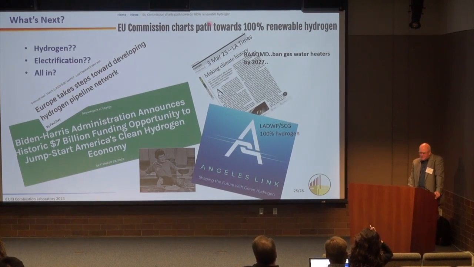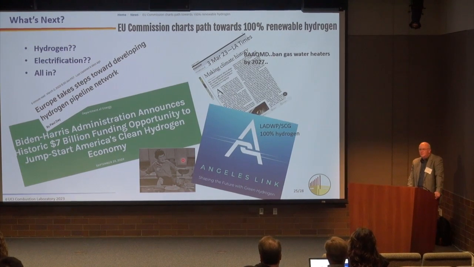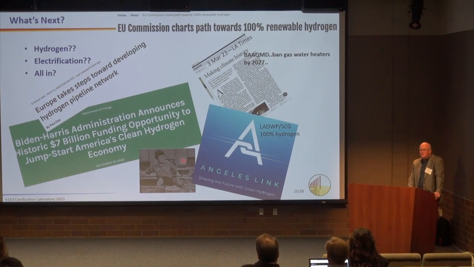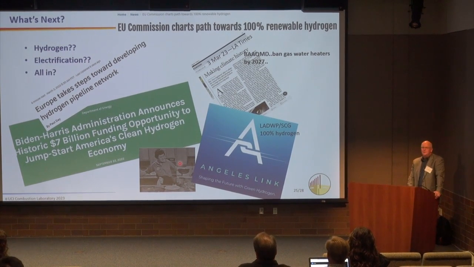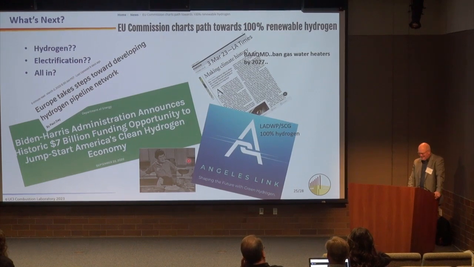These are just recent headlines. EU, 100% renewable hydrogen, hydrogen pipeline network. Biden-Harris, we're going to put billions of dollars into hydrogen hubs. Julia Child being forced to cook on an electric stove because the sponsor of her program made electric stoves, but she hated electric stoves.